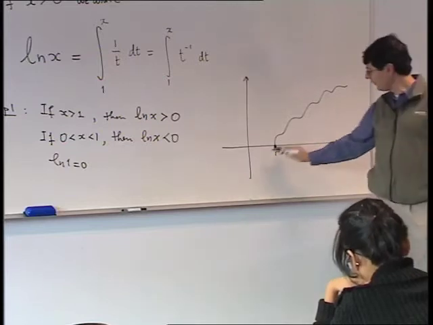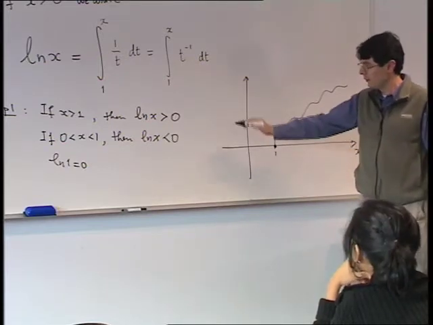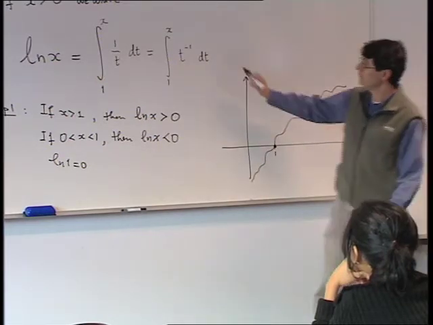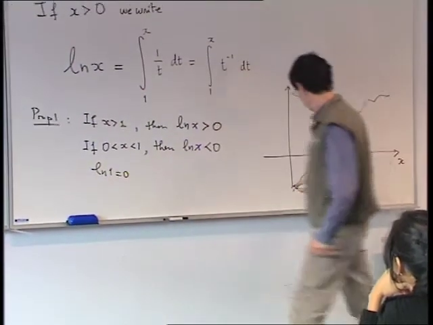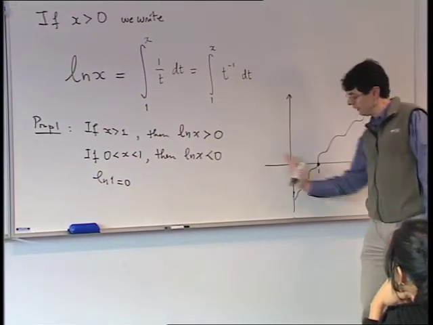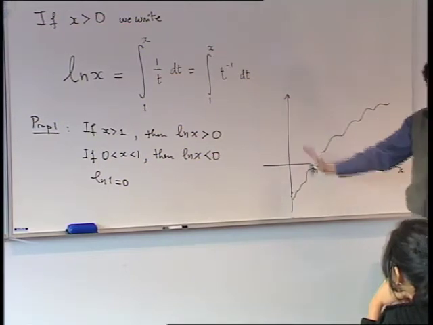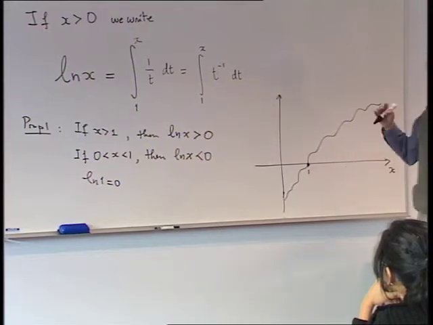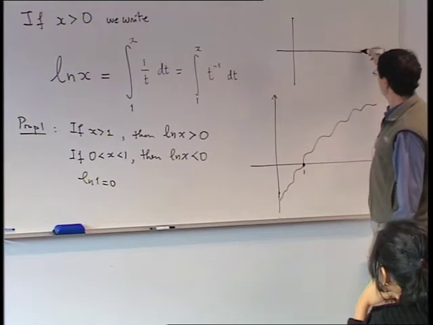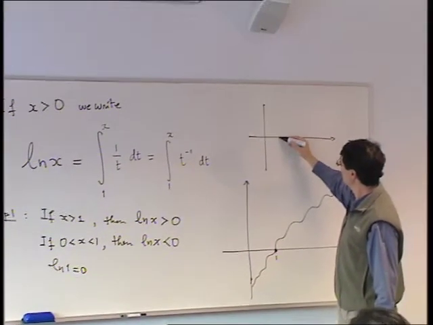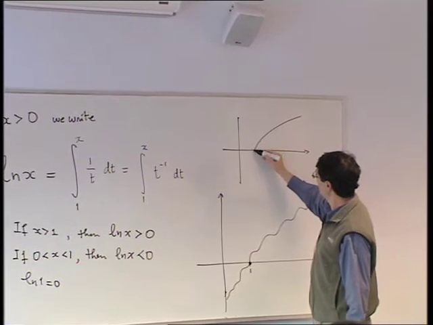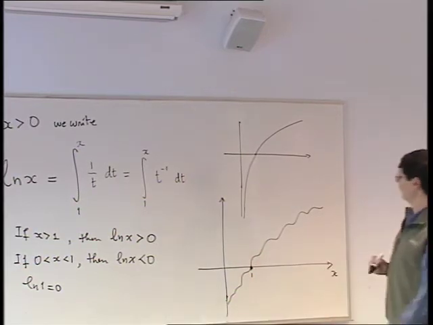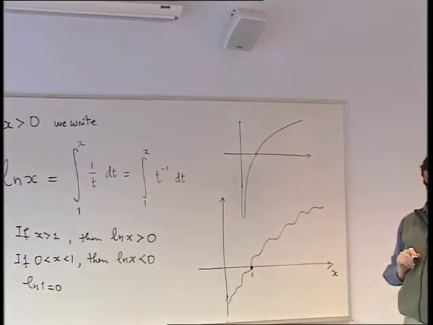If x is less than 1, the log is negative. And of course, x is only positive, so you can never move to the left of this vertical line here. Of course, the picture is not going to be like that, right? The true picture is more like this.